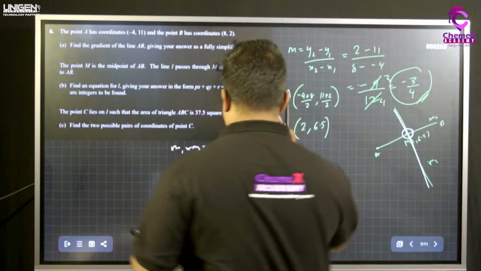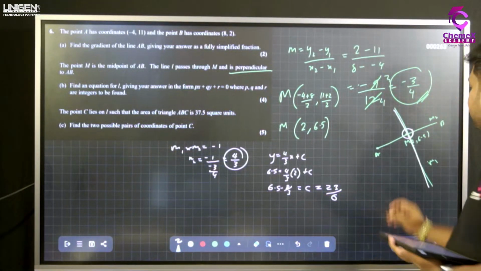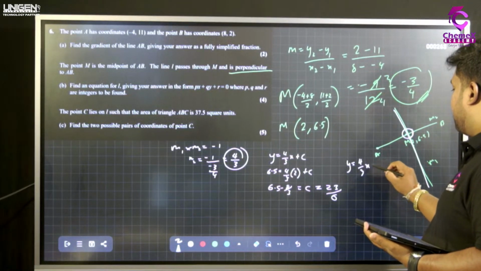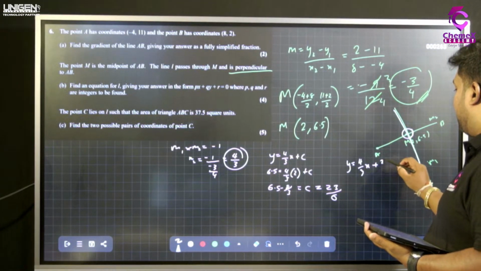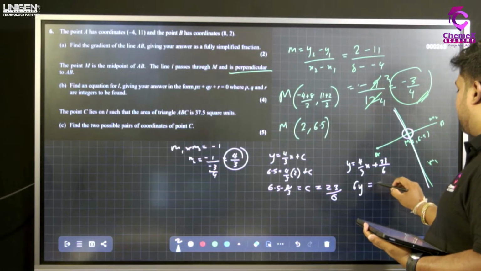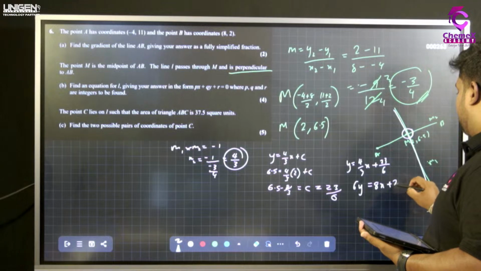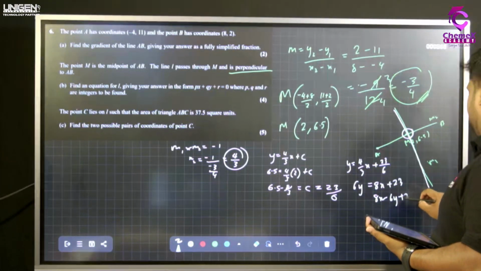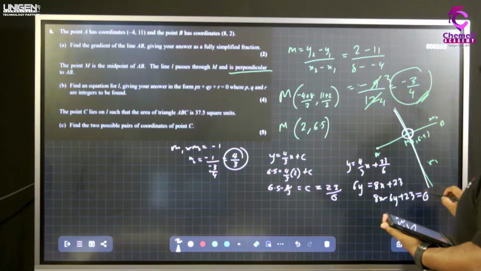So the equation is y equals 4 over 3 x plus 23 over 6. Then multiply the whole thing by 6, so 8x minus 6y plus 23 equals 0.